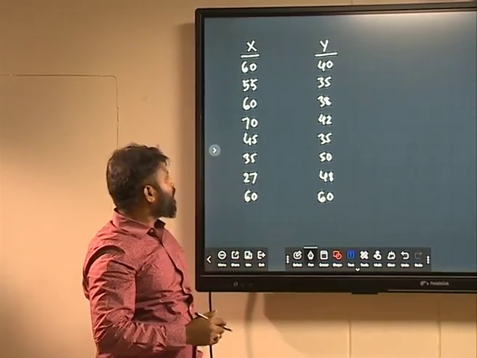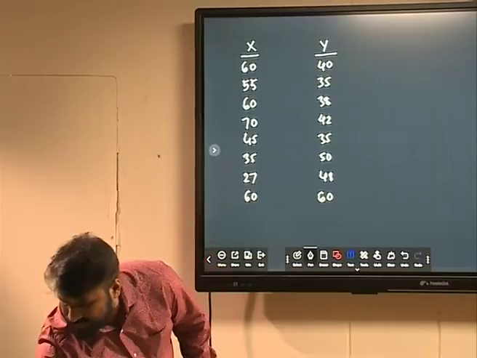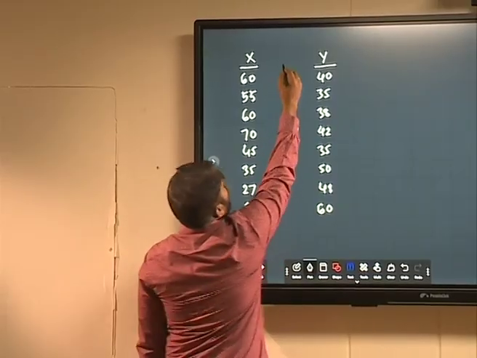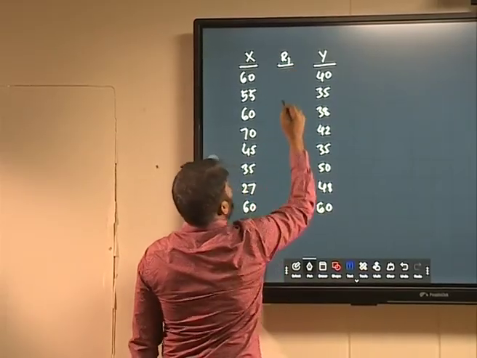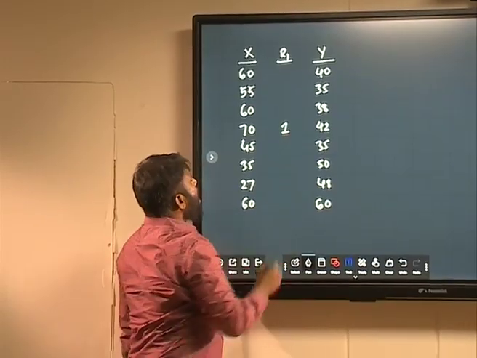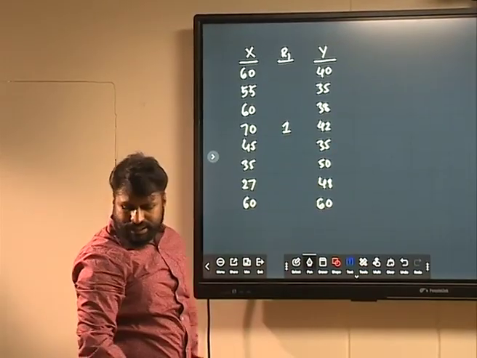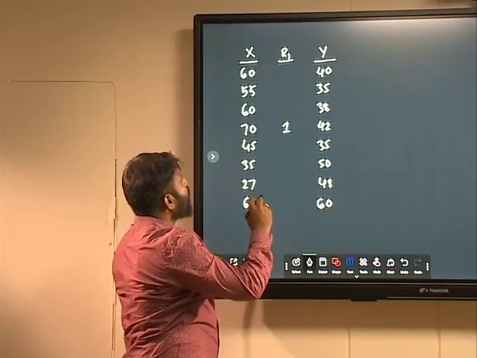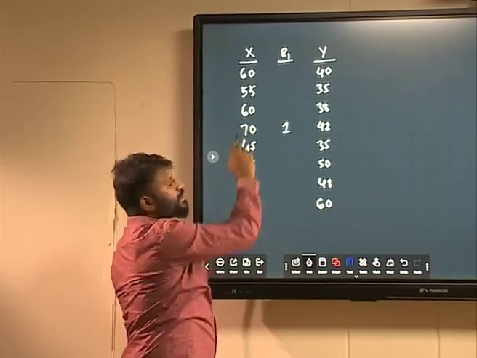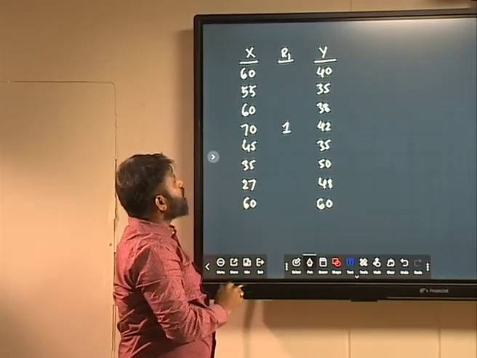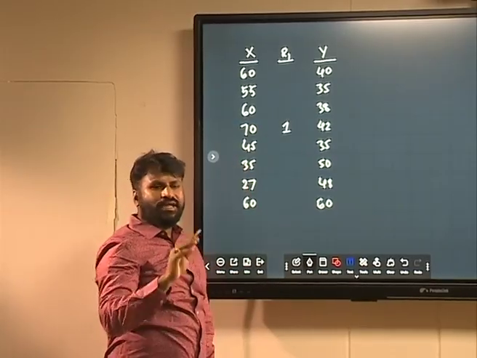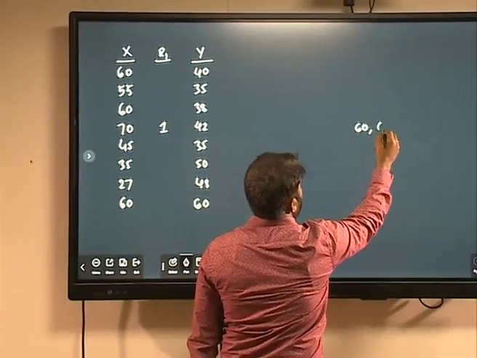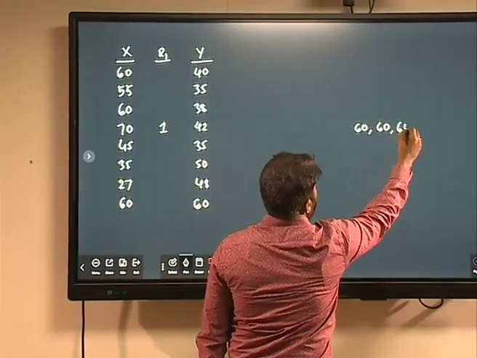Now I will give the ranks first. In the X series, the first highest one gets rank 1. After 70, we have to assign the second rank for the 60, but in this case 60 has 3 variables: first one is 60, next also 60, total 3 variables.